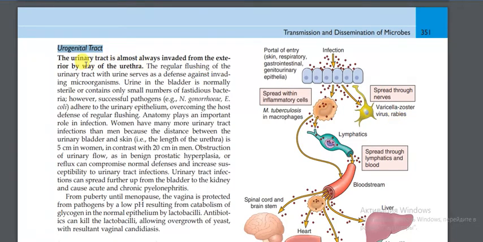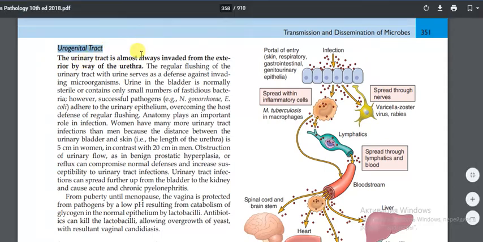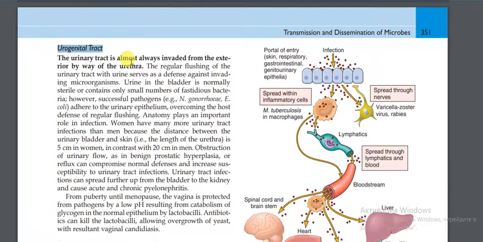And then the urogenital tract. The urogenital tract and urinary tract are almost always invaded from the exterior by way of the urethra. This location of the urethra, the urinary tract along with the genital tract, is, I think, a very huge mistake of evolution, because you know that sexually transmitted disorders are very common.